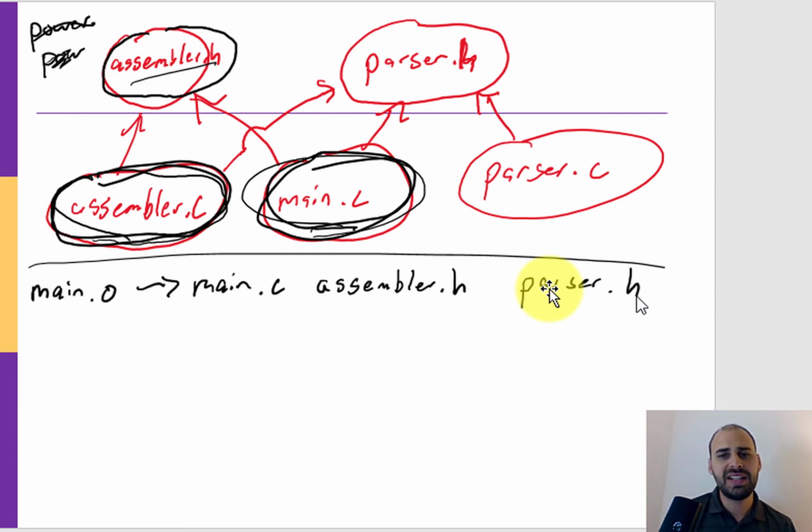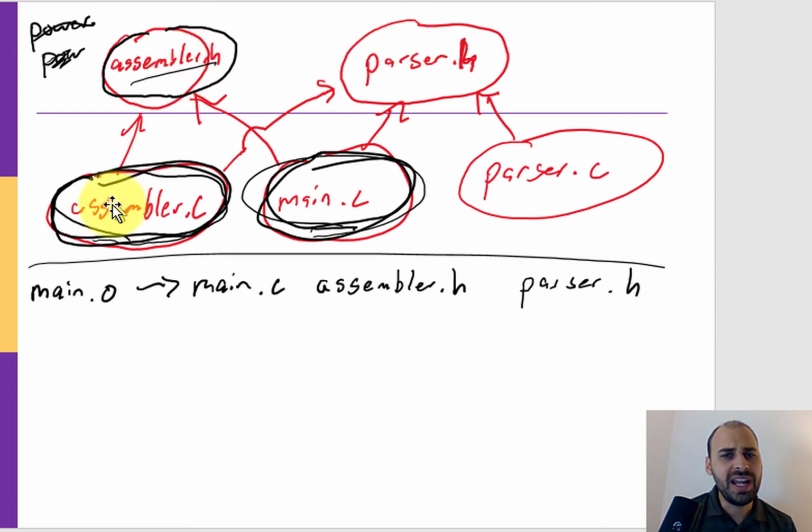What that's saying is that the machine code for this main object file should be regenerated if this changes or either one of these header files changes, because those are the interface.